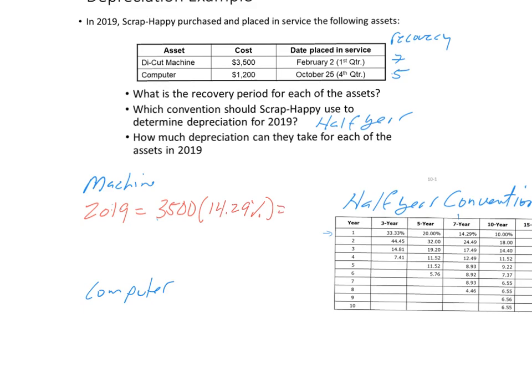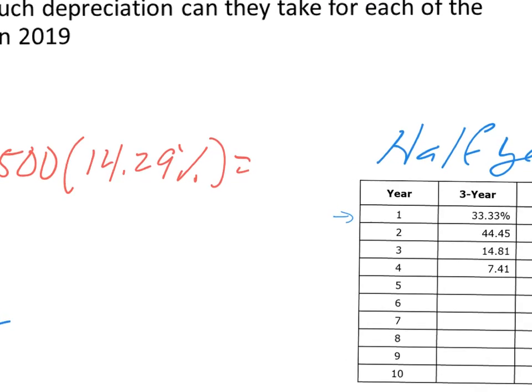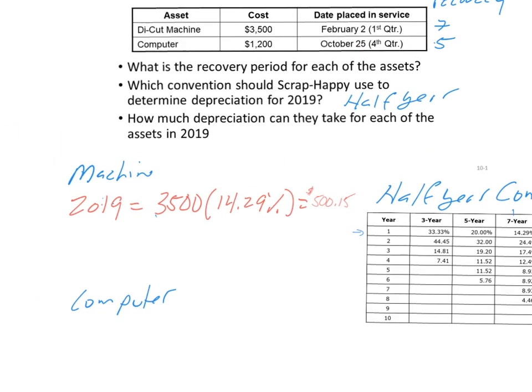So our depreciation that we get to recognize in 2019 is $500.15. Okay, so just for the sake of example, let's figure out what our 2020 depreciation would be.